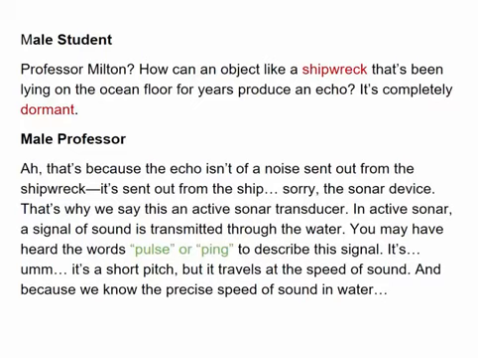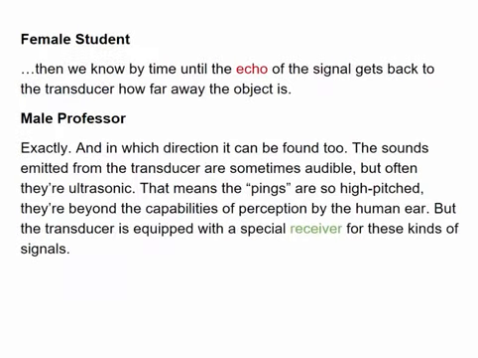So that's a clue to you about what the professor was describing, where these very short signals are sent out towards the ocean floor. Then the female student responds, okay, then we know by the time until the echo of the signal gets back to the transducer how far away the object is. So these echoes are the things on your diagram showing that they return back to the transducer, and that's what the transducer picks up.